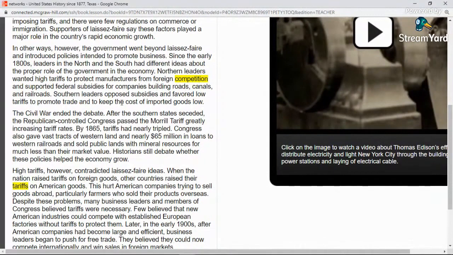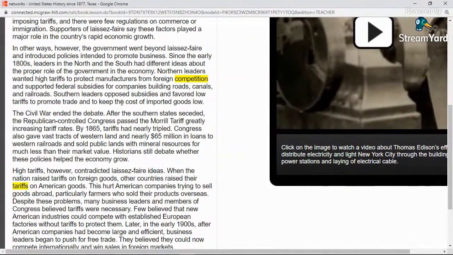The North says, hey, we should really have tariffs on foreign products so we can protect the American products. This is nationalist, okay? And we should also have help from the government to build roads, to build railroads, to build things that people can't build in the private sector. The Southerners were against this. We had a civil war. Who won the Civil War, guys? The North.